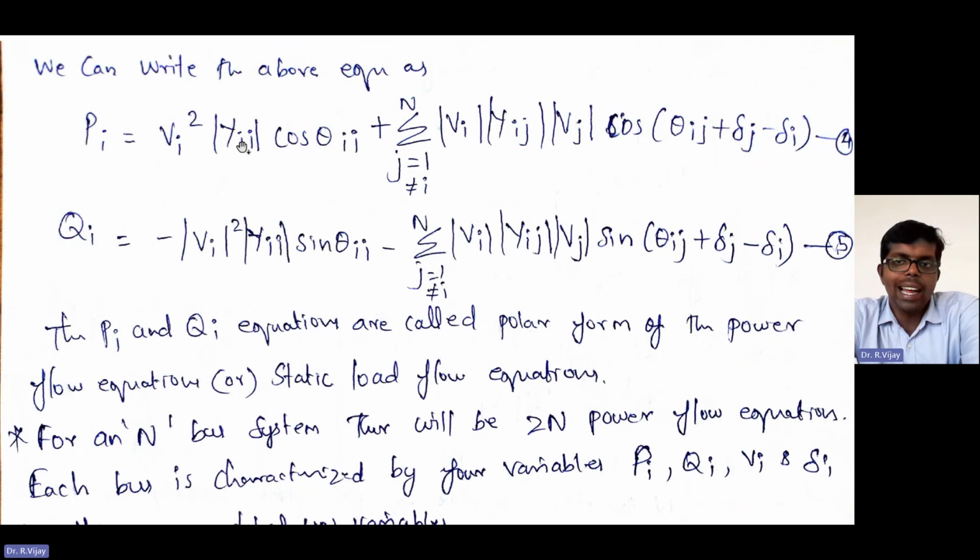So you can easily understand the Gauss-Seidel algorithm as well as the Newton-Raphson algorithm or fast decoupled algorithm. In the GS algorithm and the other algorithms, we are using these equations, Pi and Qi, directly. You should not have doubt about how this equation comes; it comes from this power flow equation.